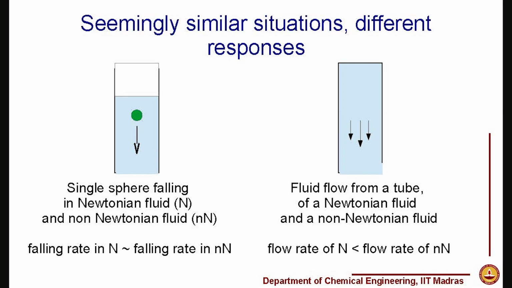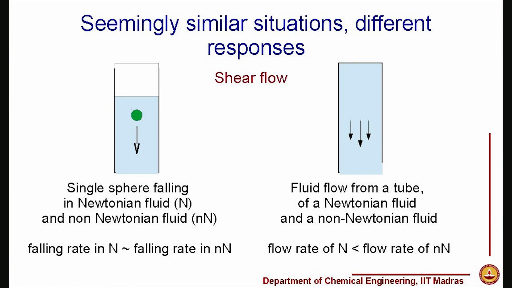But what we will observe is that the flow rate of the Newtonian fluid will be much lower than the flow rate of non-Newtonian fluids. In other words, flow rate of non-Newtonian fluid will be higher, or it would seem as if the viscosity of non-Newtonian fluid would be lower.